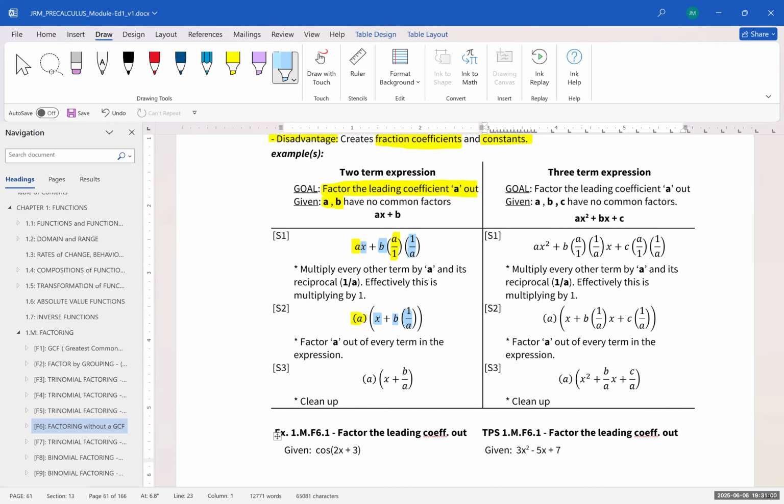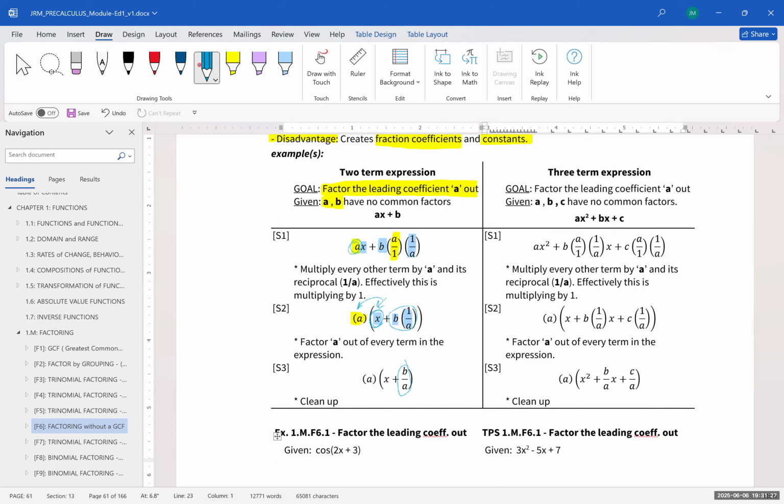You'll notice now this term, x, no longer has a coefficient. It had a as a coefficient, but now that a is outside. It's been factored out. And the third step is just to clean up. So we can write b times 1 over a as b over a.